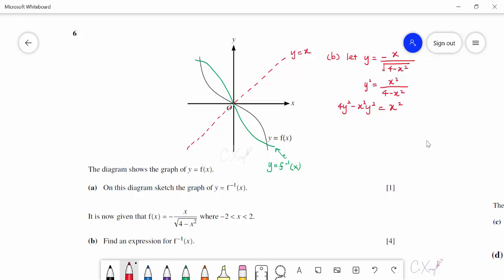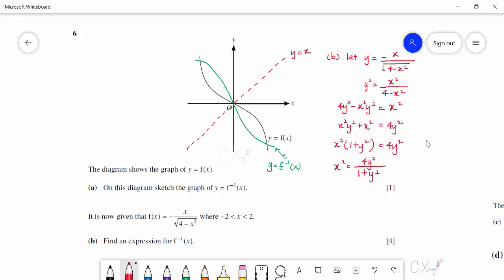And now I want to group all the x squared to one side. After that, I will factorize the x squared. Okay, for the next step, I will move all the terms which are in y or the number to the right hand side.